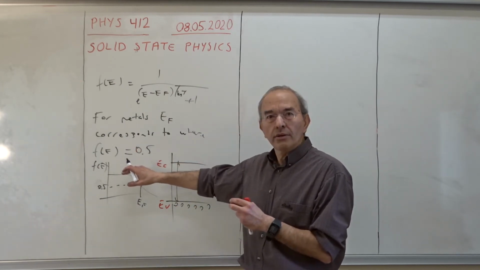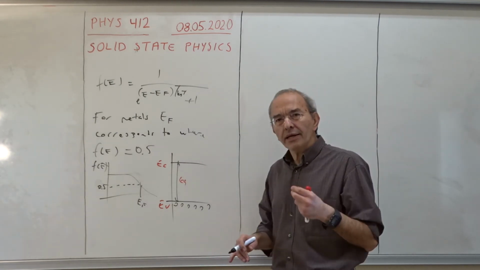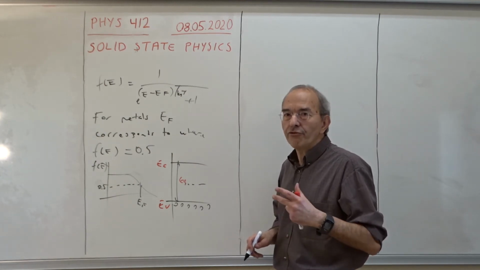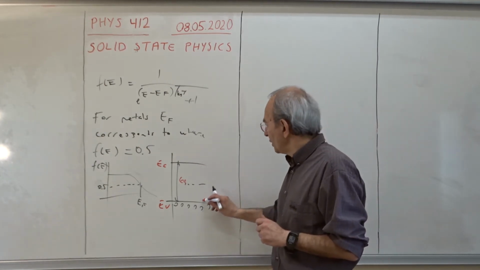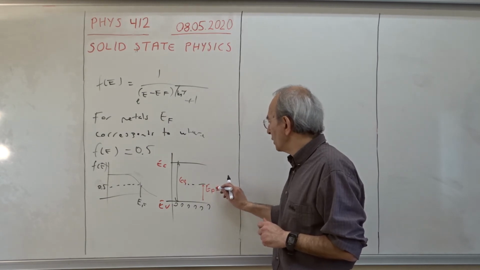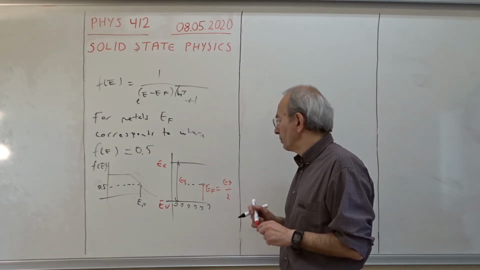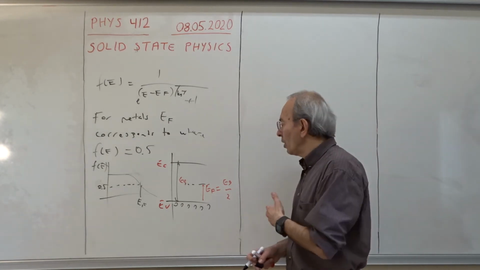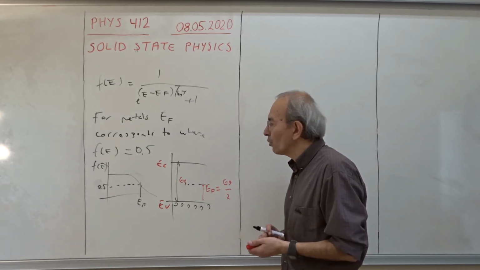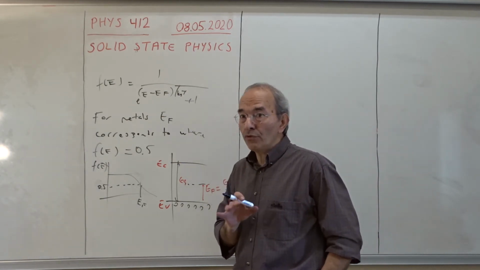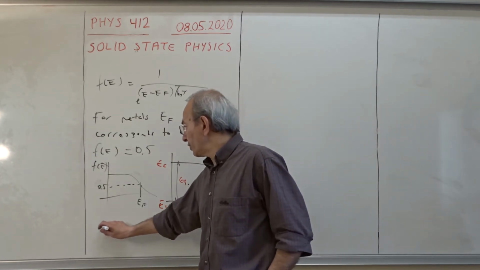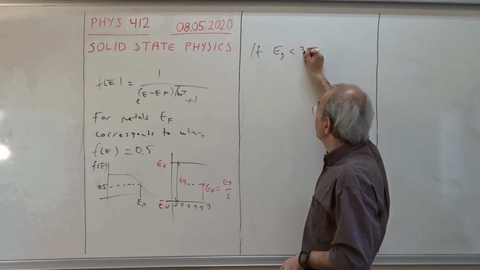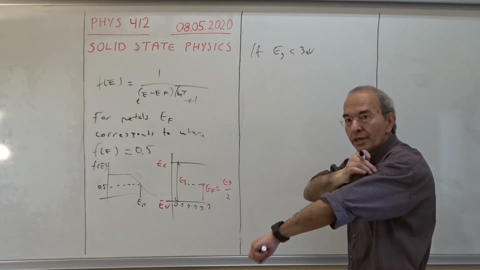Now, by convention, the midpoint, halfway, is assumed to be EF. So EF corresponds to approximately EG over 2. Please keep in mind that in semiconductors, the Fermi energy corresponds to half of the gap. And these gaps are generally on the order of a few electron volts. If EG is less than 3 electron volts, we call it a semiconductor.